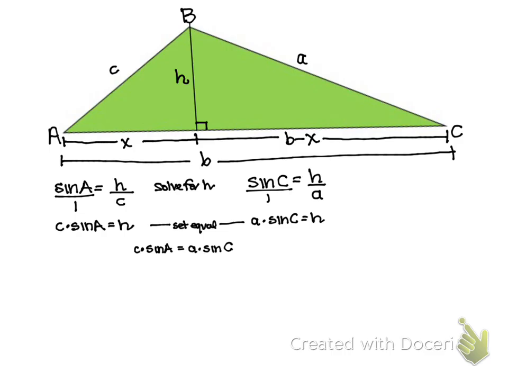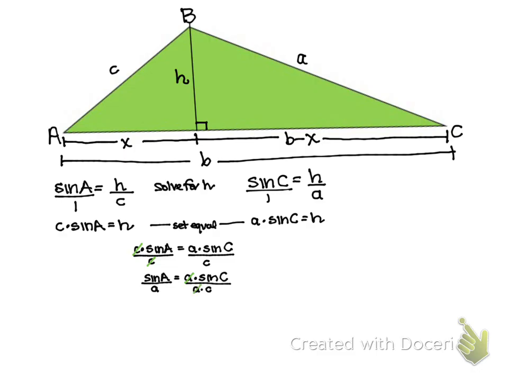Okay, I'm going to manipulate this just a little bit so that I've got the pairs on the same side: big A with little a, big C with little c. So I'm going to divide by c to get those to cancel. That's going to give me sine of A is equal to a times sine of C all over c. Okay, I'm going to do the same thing: divide by a so I can get those to cancel.